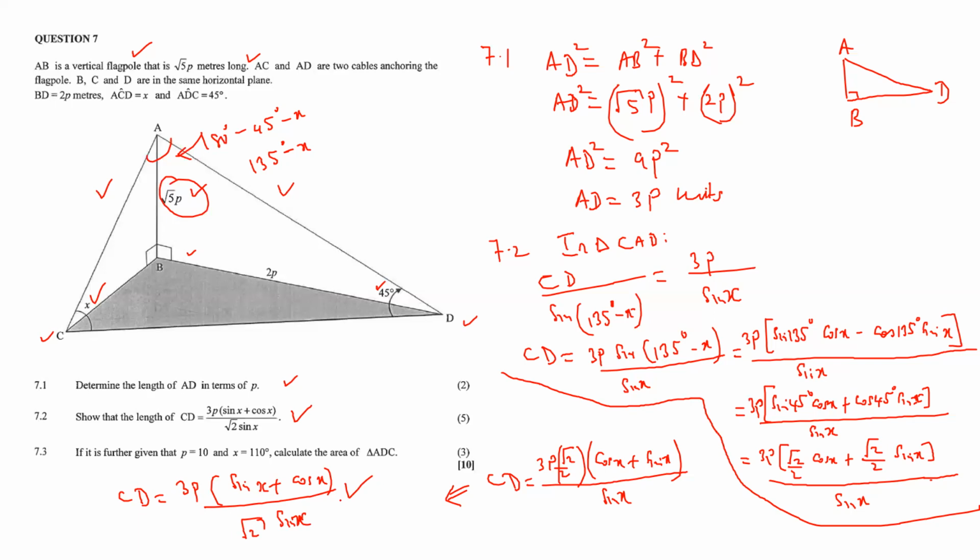It remains to just solve 7.3. In 7.3, if it is further given that P is 10 and X is 110, calculate the area of triangle ADC.